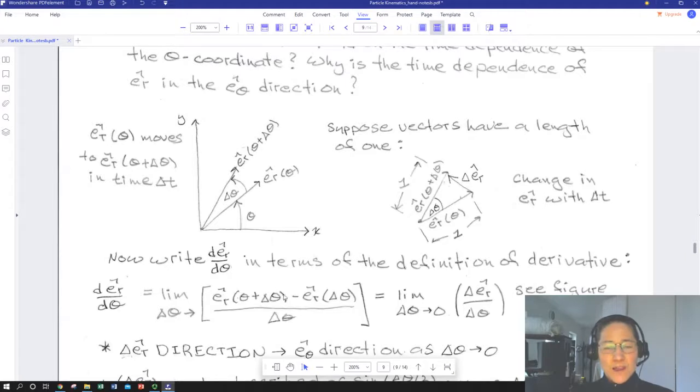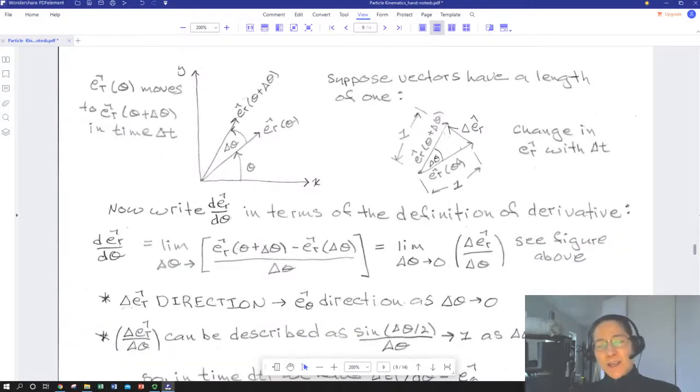So the er position at theta plus delta theta minus the starting position, divided by the change in the angle. So this is literally the definition of derivative for that derivative. Can't argue with that. So looking at that describes what we're seeing in the figure.